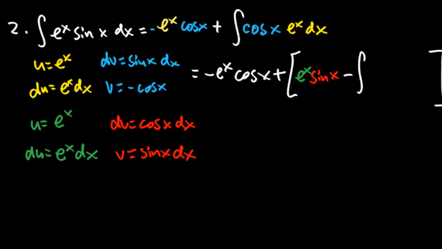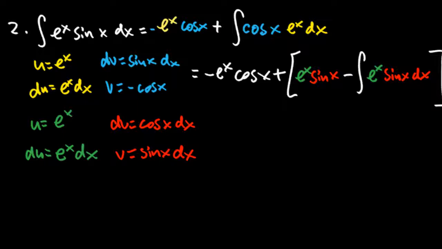minus the integral of v du, so that's going to be e to the x, I'm just going to write that first, times sine of x dx.